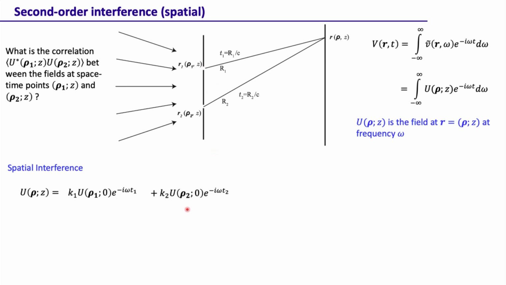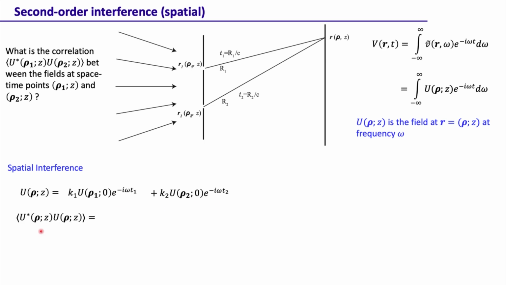And then it will also have a contribution from this particular slit, which contains this field at rho 2, and of course this phase factor because it travels a separate distance than this one. So the time it takes for light from here to there is t1, and in this case is t2, and that's what shows up. So this is the field U(rho, z), and it has components from U(rho 1) and U(rho 2).